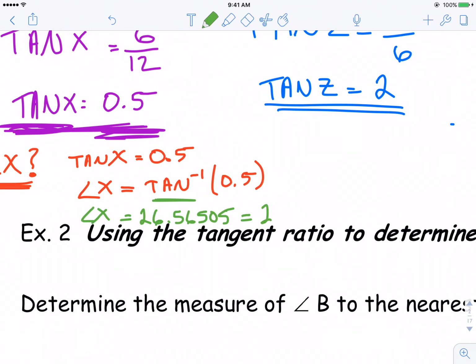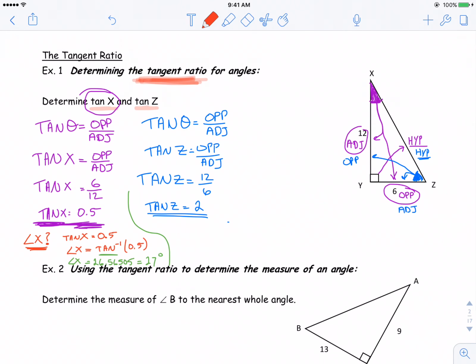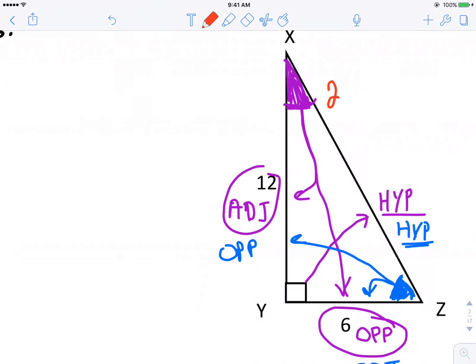So this would be 27 degrees. This is now telling me that this angle x measures 27 degrees.